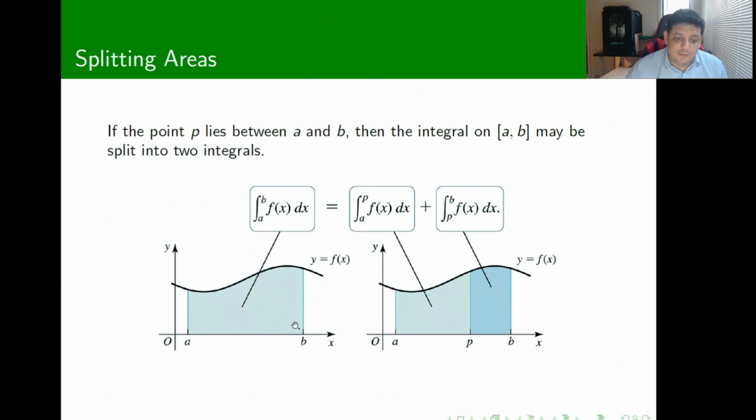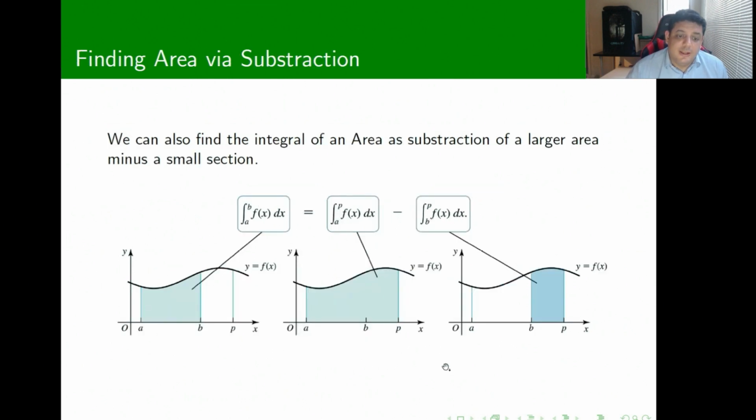If I have the area from A to B and a point in the middle, I can take the area from A to P and the area from P to B, and so I can represent the integral from A to B as the integral from A to P plus the integral from P to B. So it's natural to split areas if I have points in the middle, and those points sometimes are going to be very convenient.